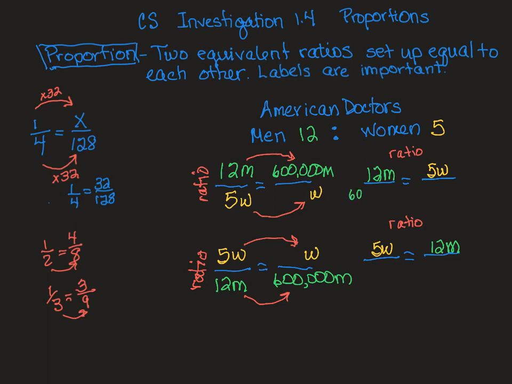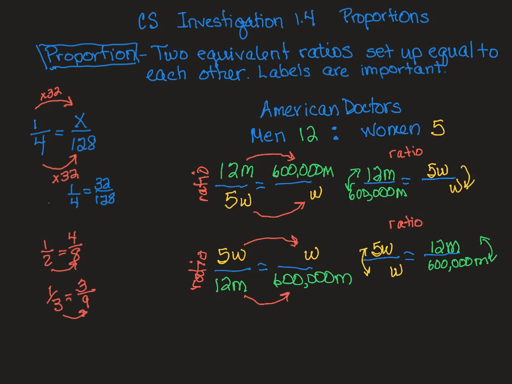So here we go, 600,000 men up and down from each other. And then, of course, whatever that number, the amount of women I'm trying to figure out, that's also linked to each other, up and down.